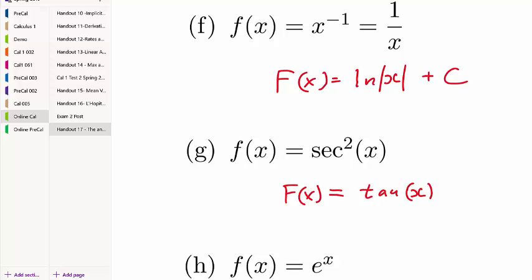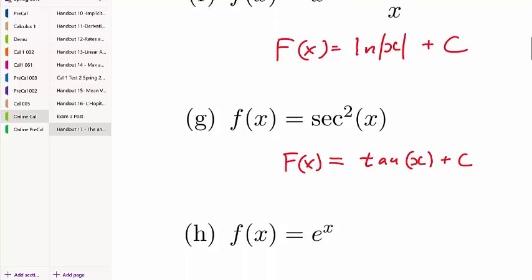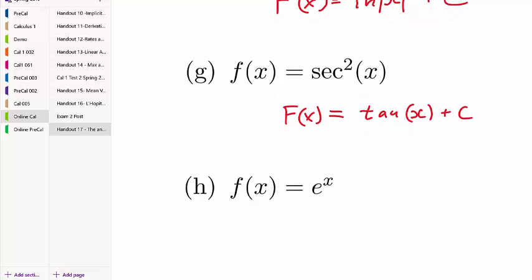So the derivative of tan x is secant squared. Don't forget to make it a general antiderivative. And so make sure you do have the derivatives for trig functions backwards and forwards, because you will need to go backwards and forwards on this upcoming exam.